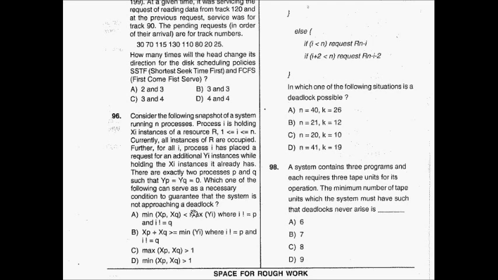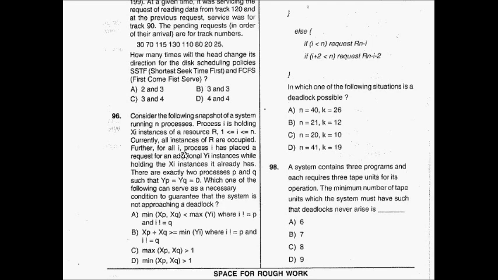deadlock? Approaching a deadlock means that all the resources have been completely used, and you are demanding a new request which another process is also demanding, and because of which there is a fight and the system goes into a deadlock.